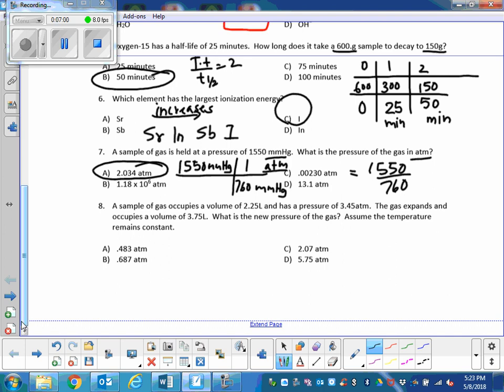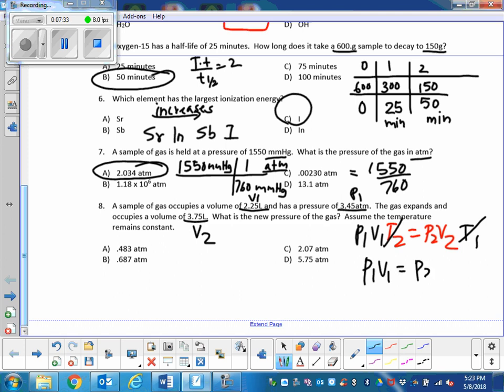Now, if you look at the last problem, you are given volume, which means it's V1. You're given pressure, which is P1. Then this is V2. So you have the combined gas law, which says P1 V1 T2 equals P2 V2 T1. But there is no temperature in this problem, so you can just get rid of the temperature, and your equation is just P1 V1 equals P2 V2.